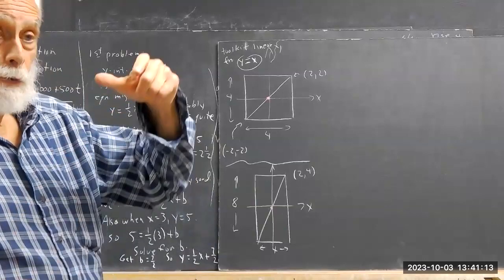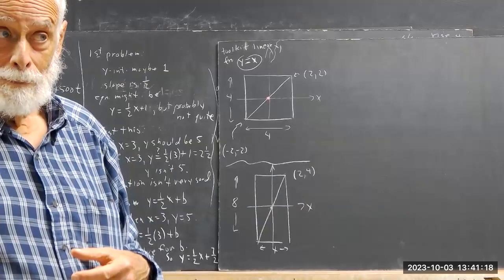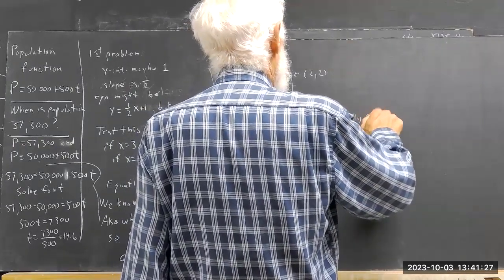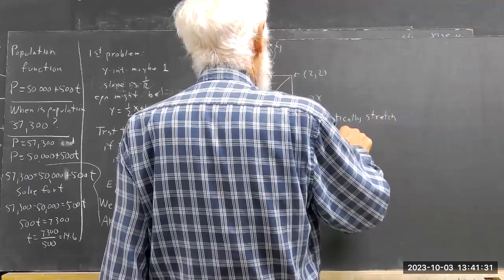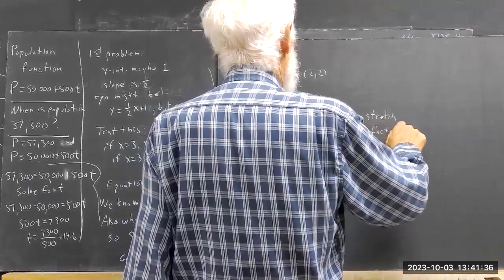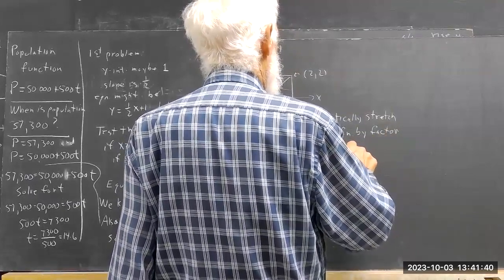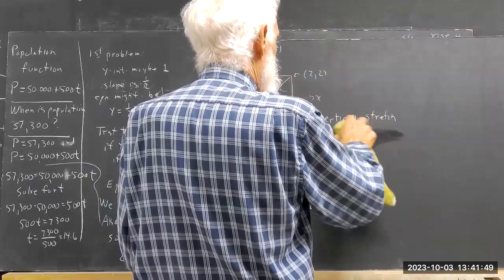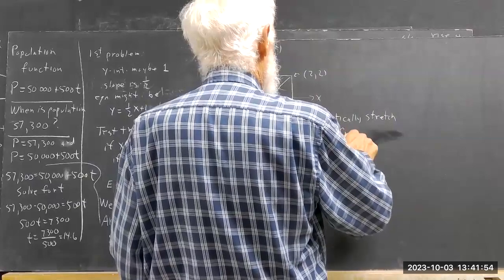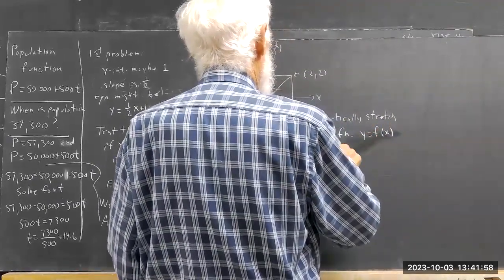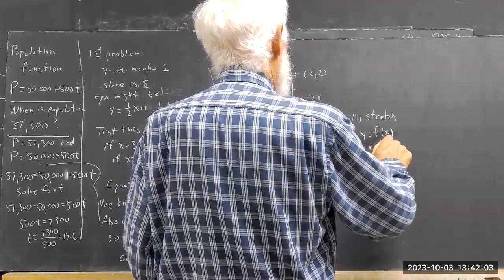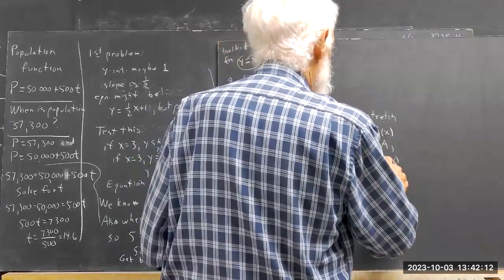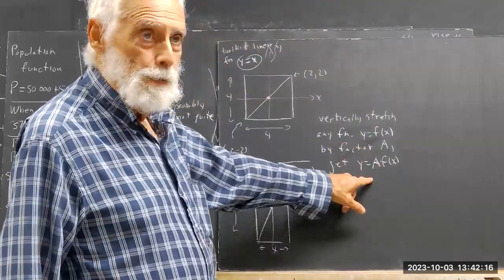If you vertically stretch a function by factor 2, the general rule is, if you vertically stretch any function by factor a, you get y equals a times f of x.